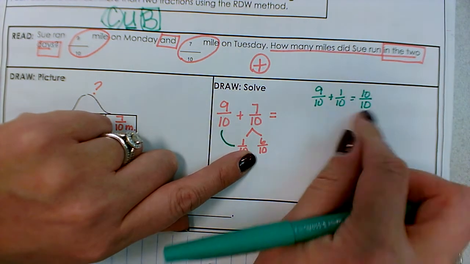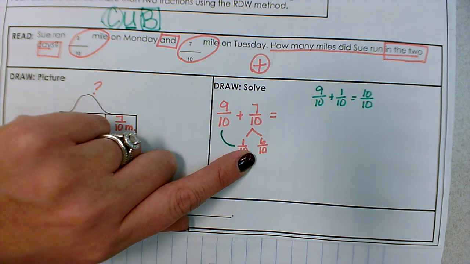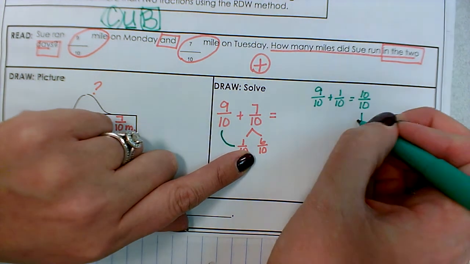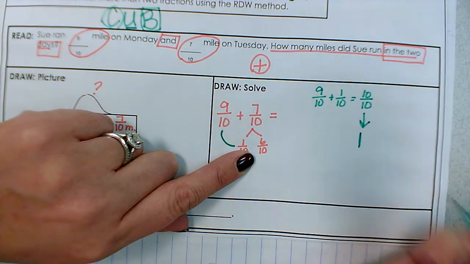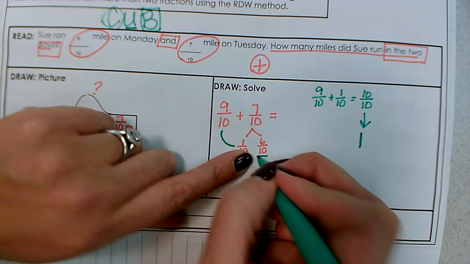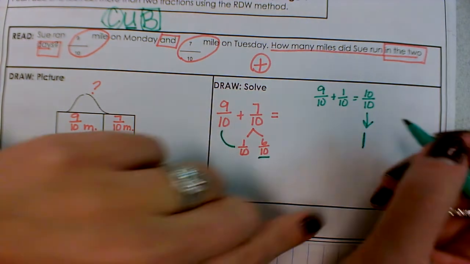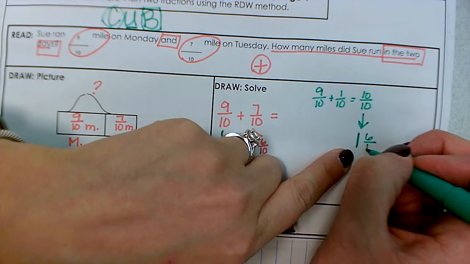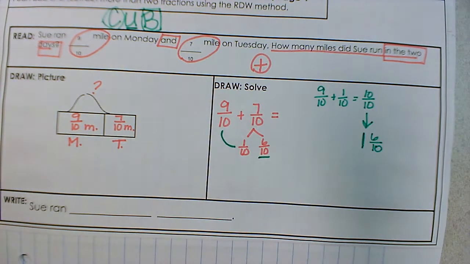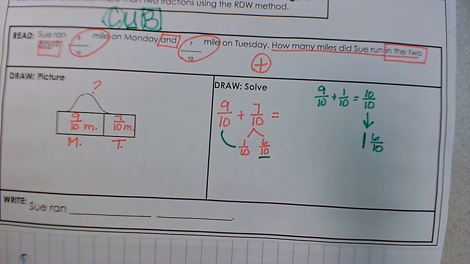But let me look here for a minute. 10/10. 10/10 is the same thing as 1. And then I know that I had these 6/10. Then I needed to stick back on to equal 1 6/10.